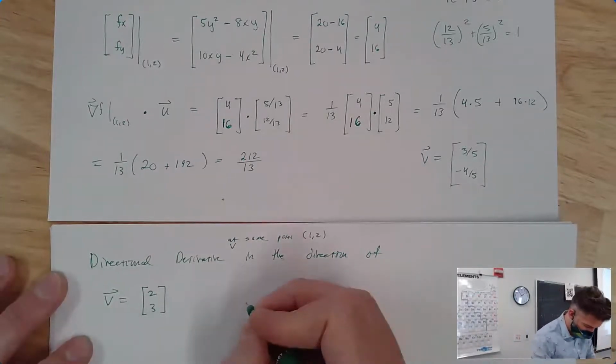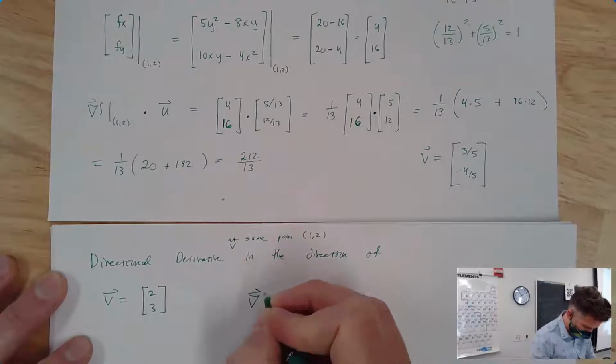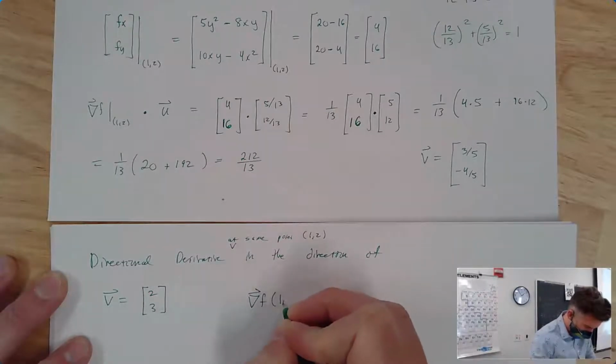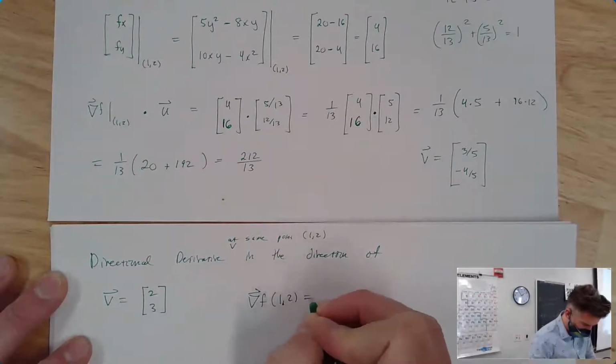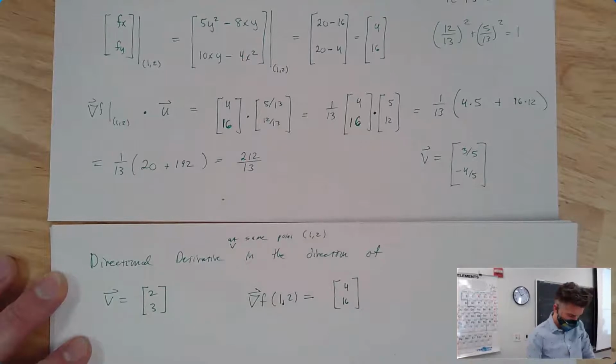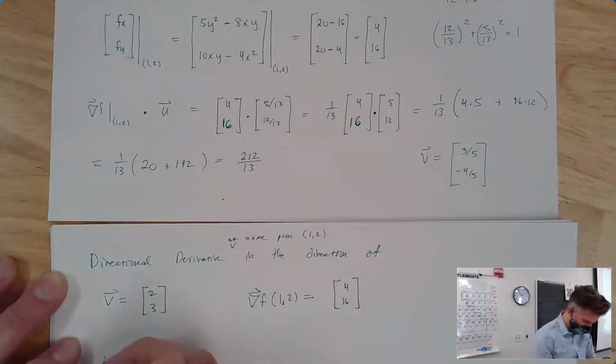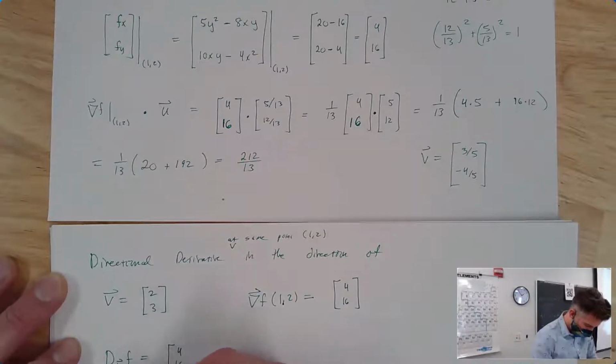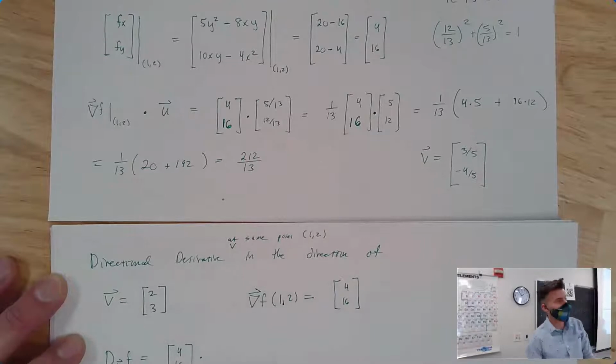I still know my gradient. Hasn't changed at all. The gradient at 1, 2 is still 4, 16. But now I'm going to find my directional derivative by doing 4, 16 dotted with what?